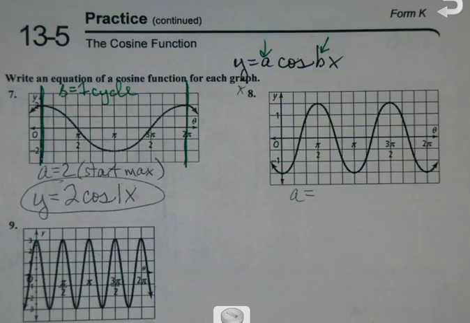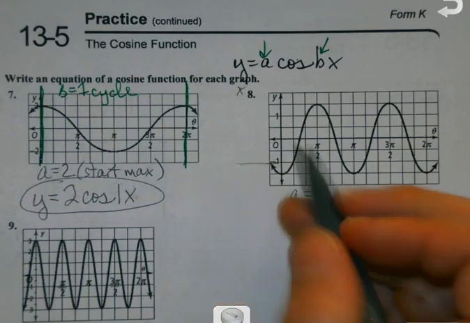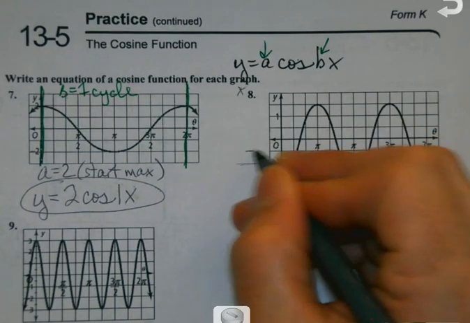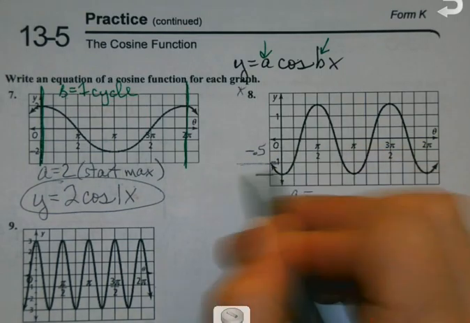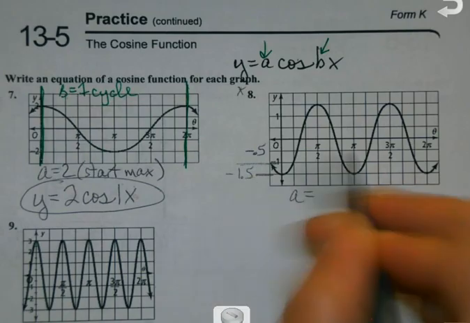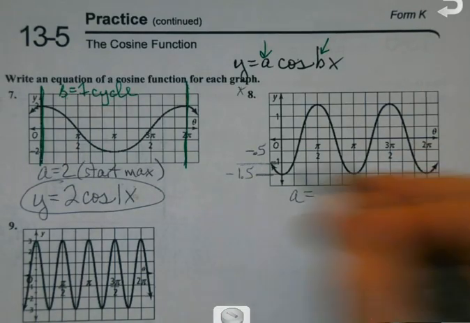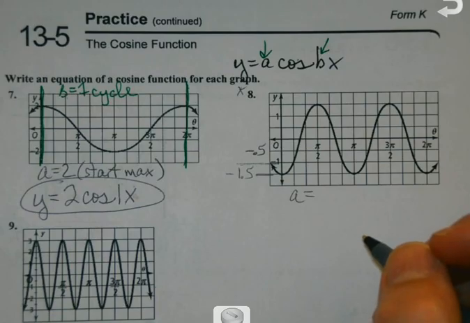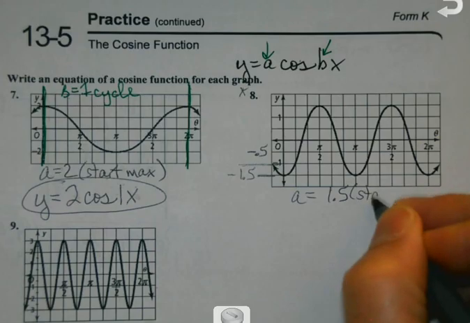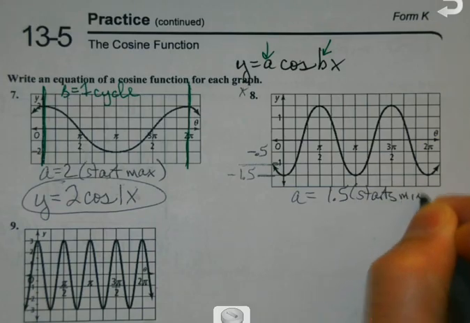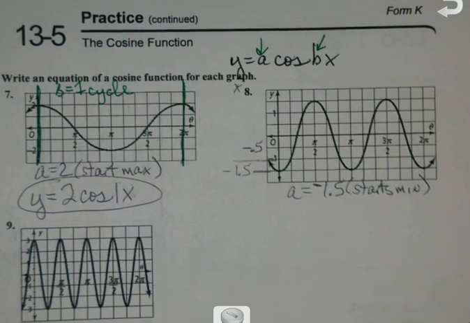Because I notice -1 is down here, and there's 2 lines to get there, which means this is -0.5. This would be -1, and this would be -1.5. Also my a this time is a negative. It's not just 1.5. Why? Because it starts at the minimum. I have to pay attention to those detail things, otherwise this doesn't work out for me.